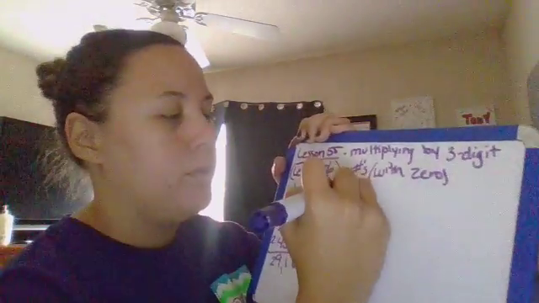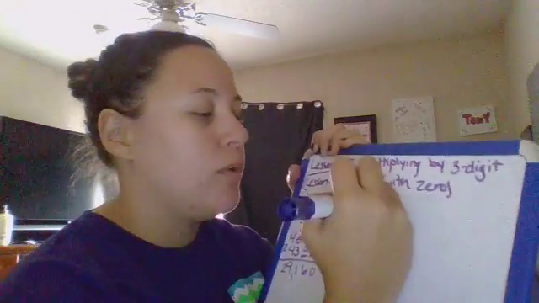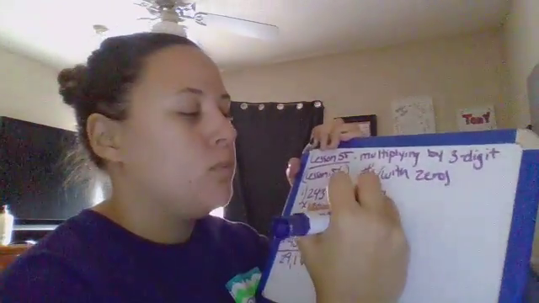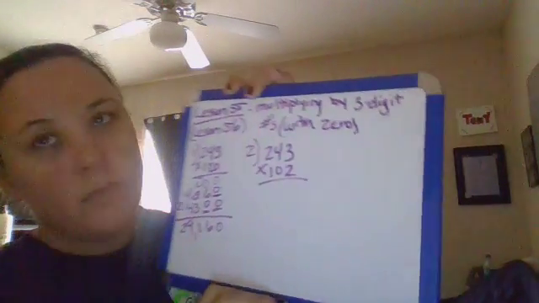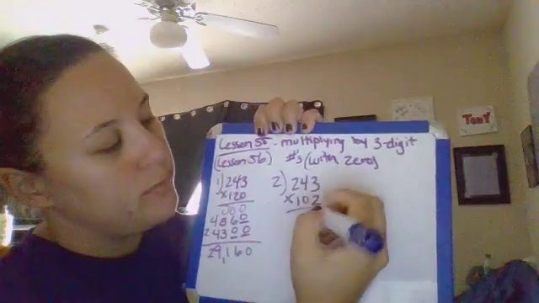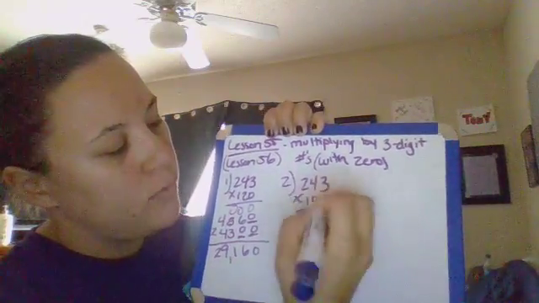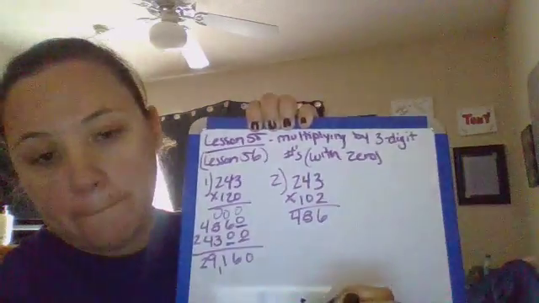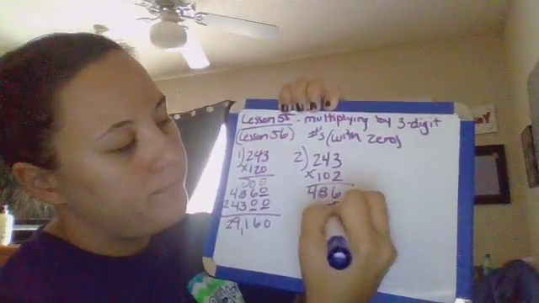All right, and we're going to do another one. It's going to be 243 times 102. So we have 2 times 3 is 6. 2 times 4 is 8. 2 times 2 is 4. Add our 0.